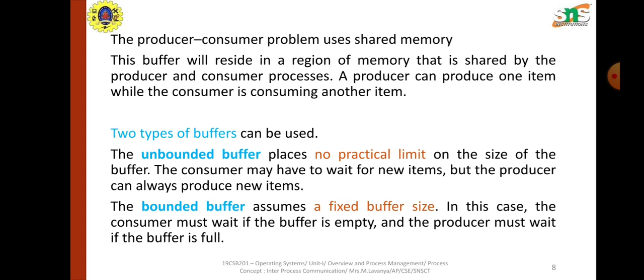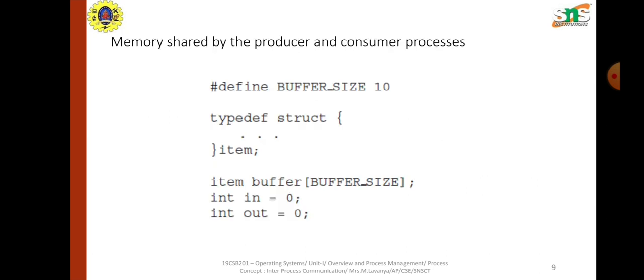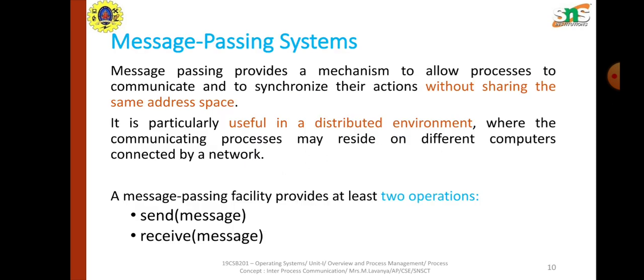So these are the two types of buffer for implementation of the producer consumer problem. This is nothing but the coding for implementation of the producer consumer problem. That is, the buffer size is checked, and based on the buffer size, we are specifying it as bounded or unbounded buffer.